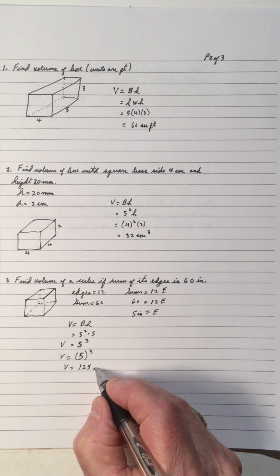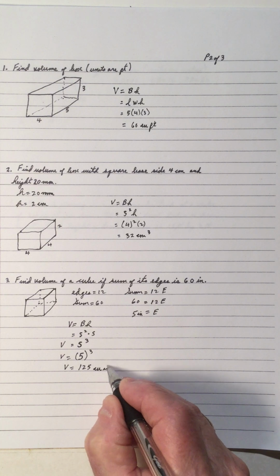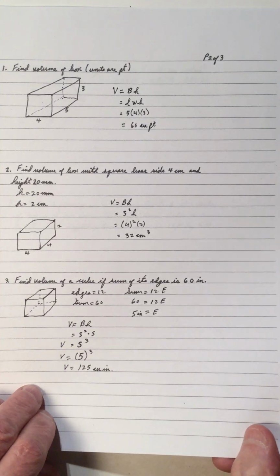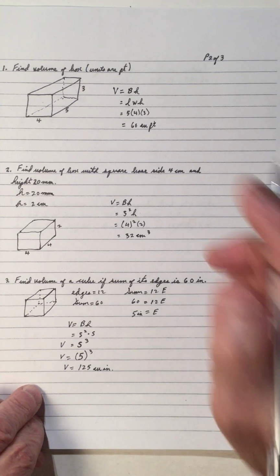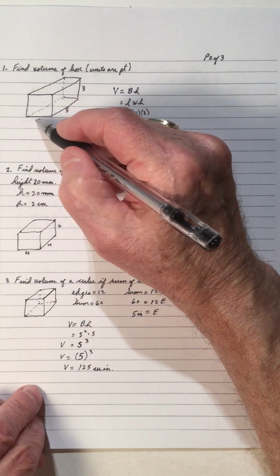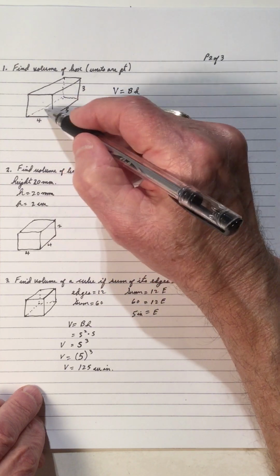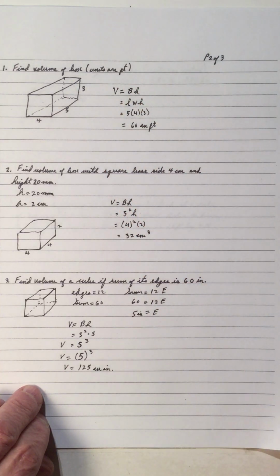And we got inches, so cubic inches. So volume is base area moving through a height. Think of it as the front of this box moving through this distance of 5. It's an area moving through a distance we call the height.